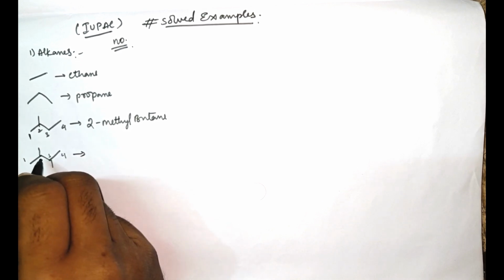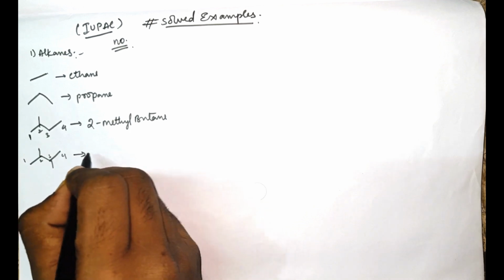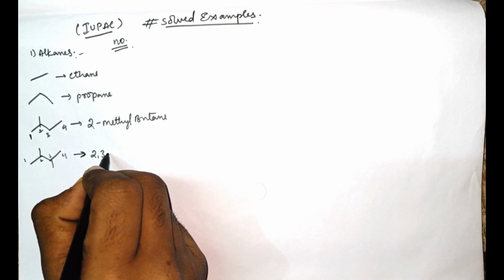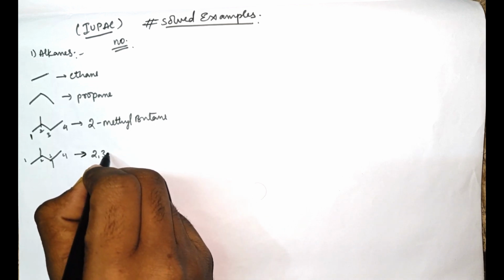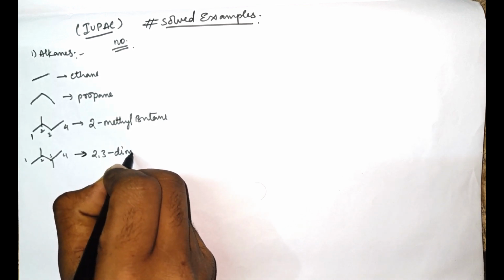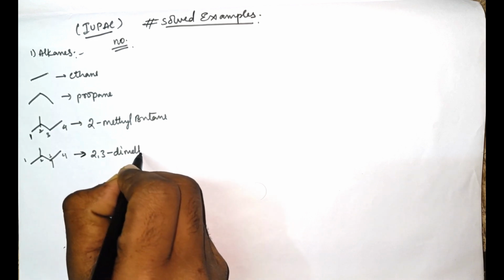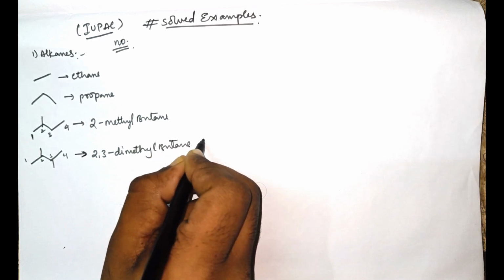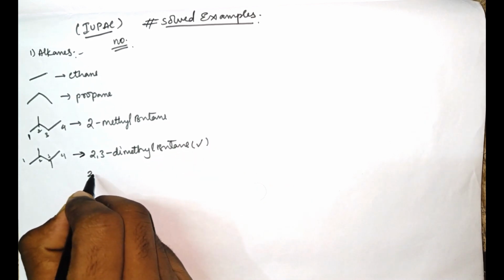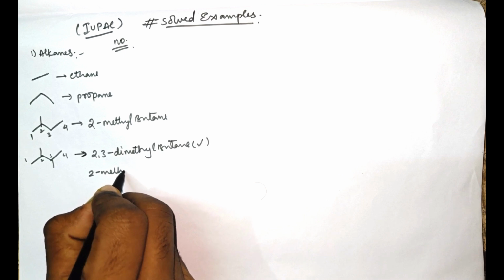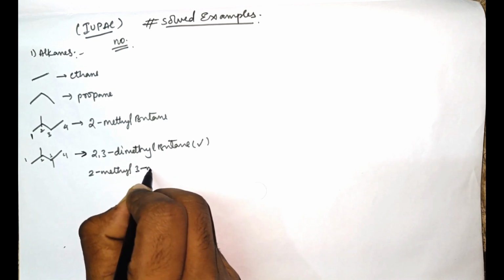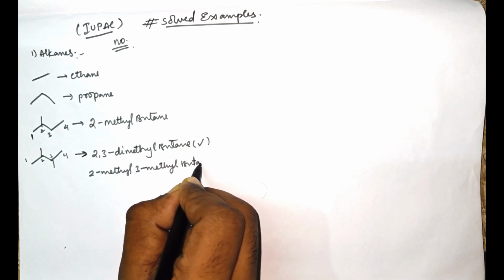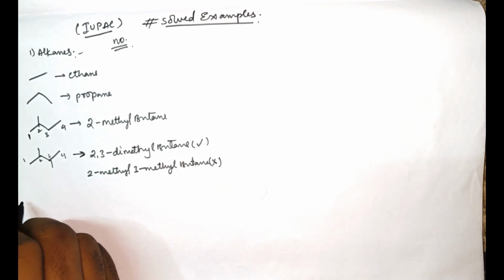Over here we observe substituents at carbons 2 and 3, so we must mention 2,3-dimethyl, not 2-methyl, 3-methyl butane. That is absolutely wrong, you must remember it.